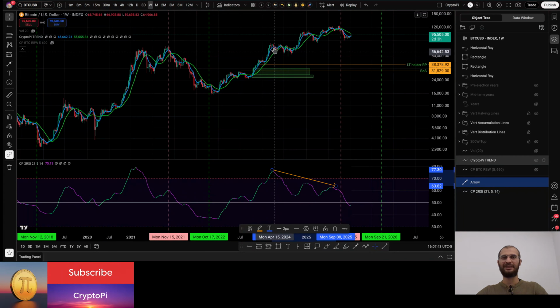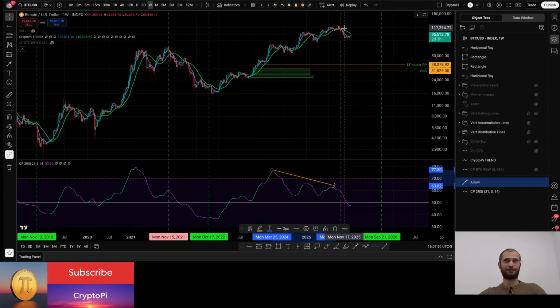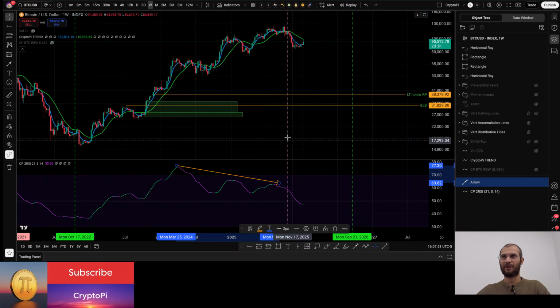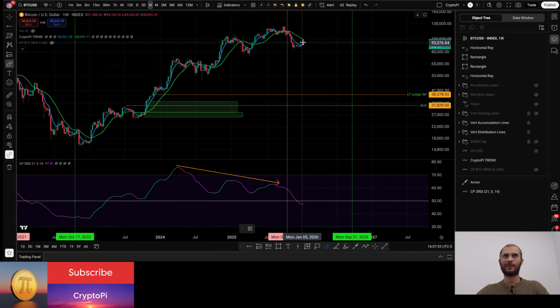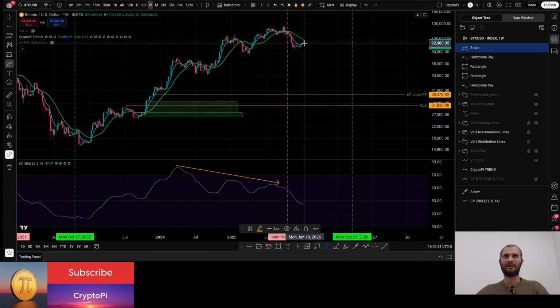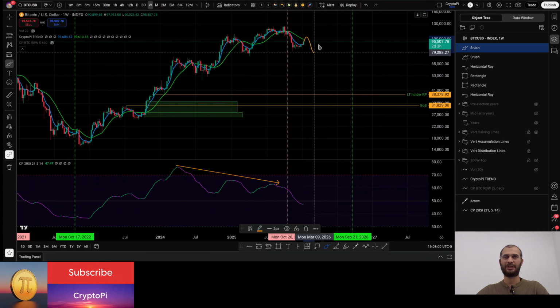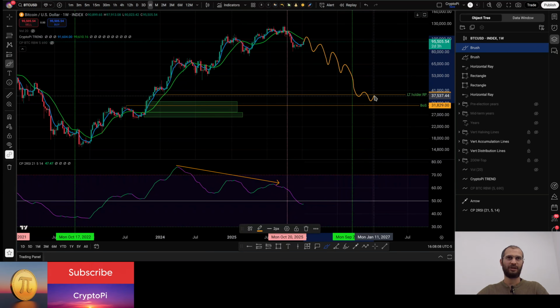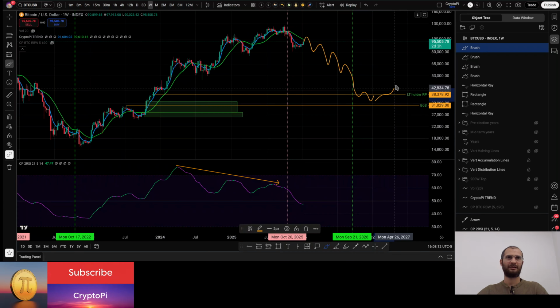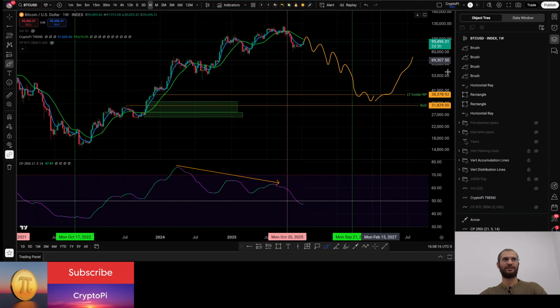The same thing happens at every peak in this rally of last year. Now, what could happen next is price going up, going down, making some mitigations of order blocks, and then hitting somewhere like this, then moving back to next year's bull market.